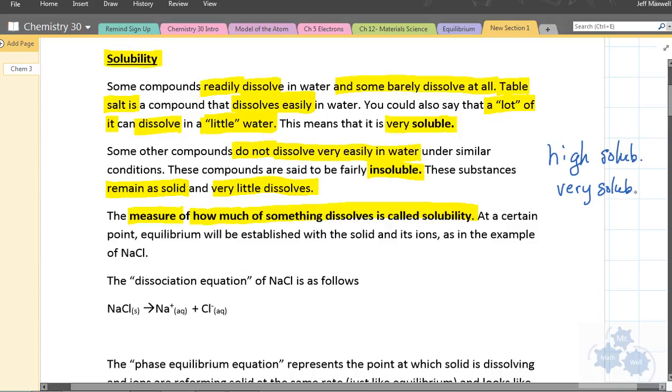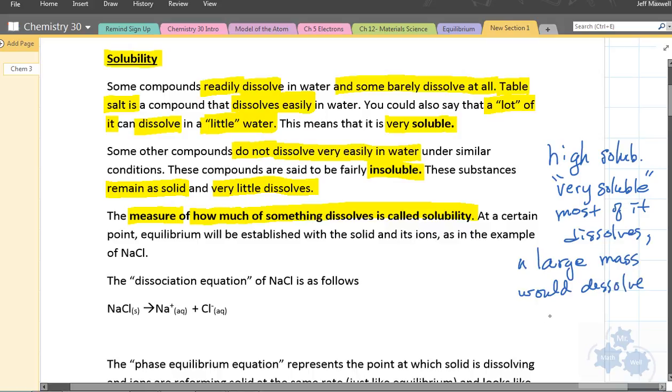That's the word that you would see, very soluble, which means that most of it dissolves, or more accurately, a large mass of the substance would dissolve in a given amount of water.